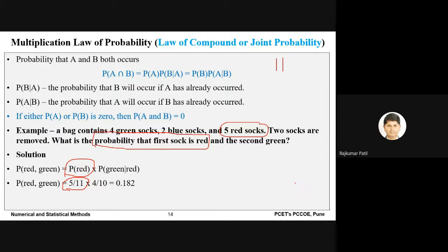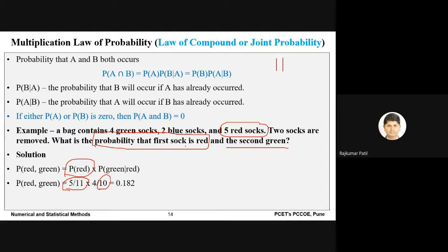Now when you draw the first sock, next time you will draw the second sock. How many socks will be there? Because you already removed one, the total socks now will be 10. And we are interested in the probability that it will have a green color.